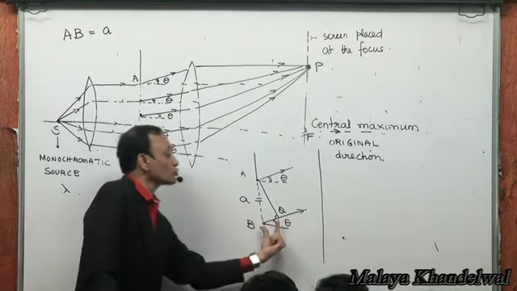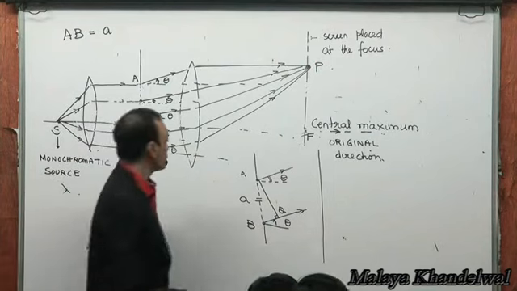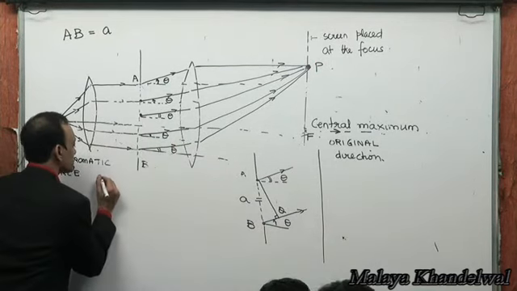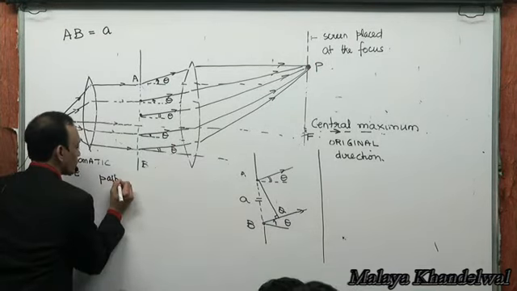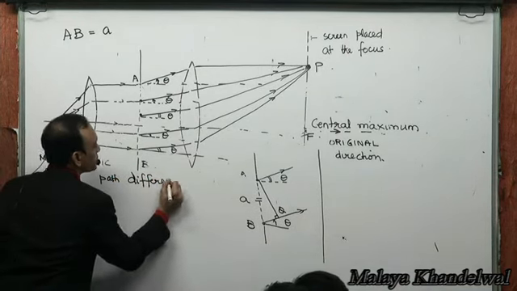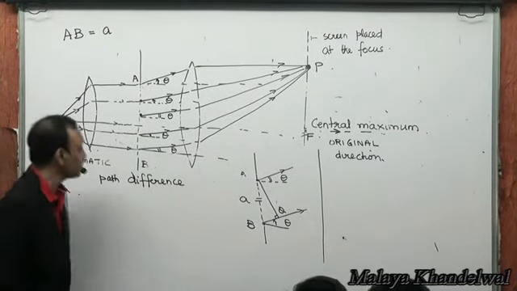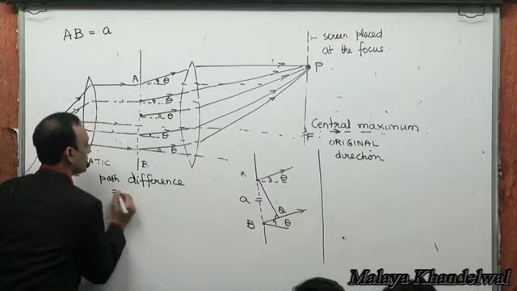The path difference is going to be given by BQ. So the path difference between the rays starting from A and starting from B diffracted at an angle theta is going to be given by BQ.